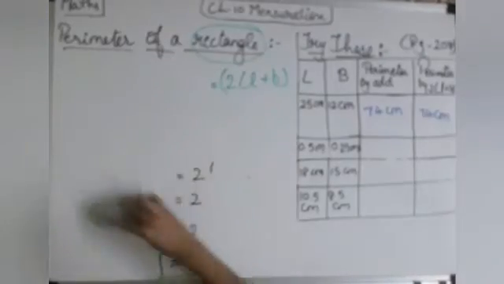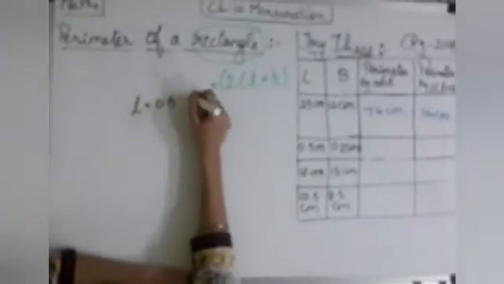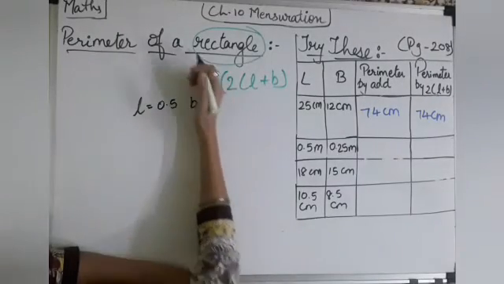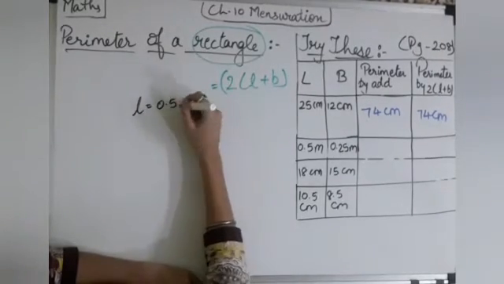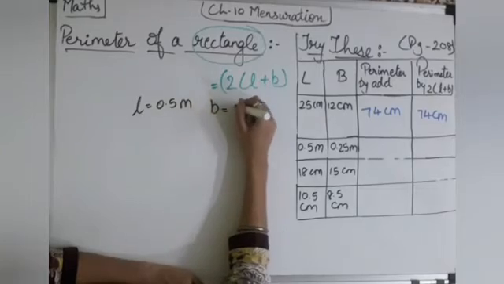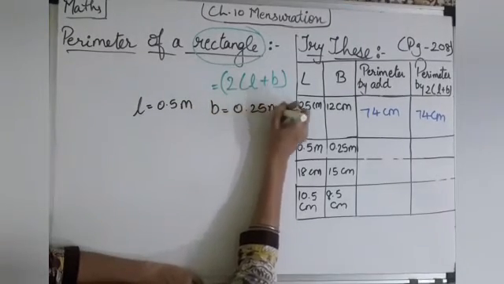Now I'm not drawing the rectangle. We'll just write L and B. So here L is 0.5 meter and B is 0.25 meter.